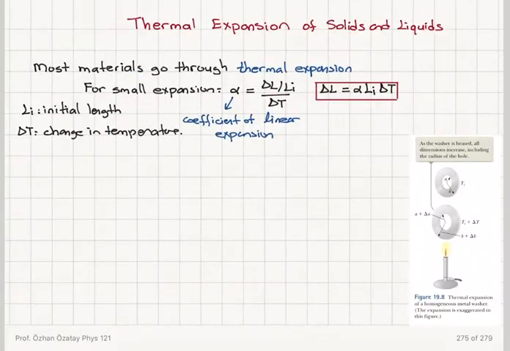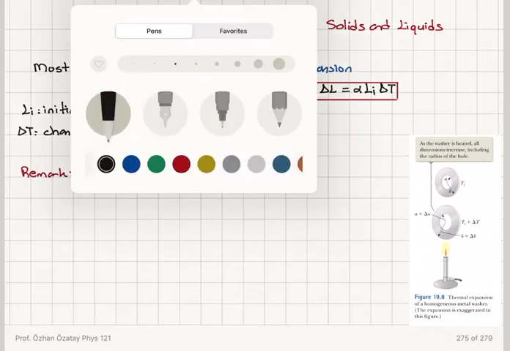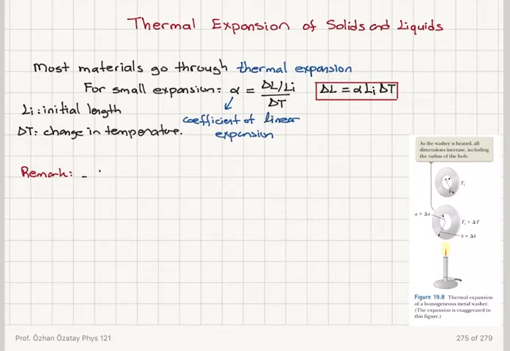And there are some remarks about this, some important exceptions. One we should mention is that alpha, the coefficient of linear expansion, can be negative for certain directions in some exceptional materials.